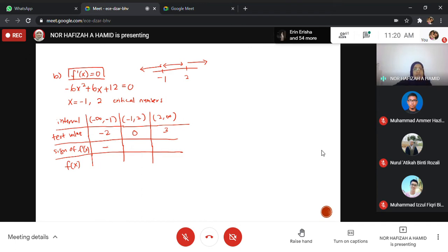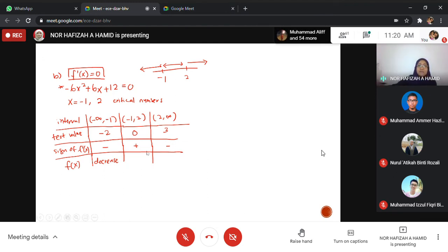We only want to look at the sign. Then substitute 0, we have positive, and substitute 3, we have negative. So when f prime is negative, f(x) is decreasing.